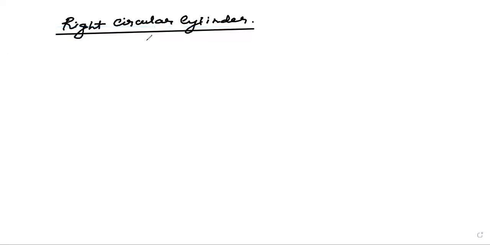A cylinder has got one curved surface and two round faces.